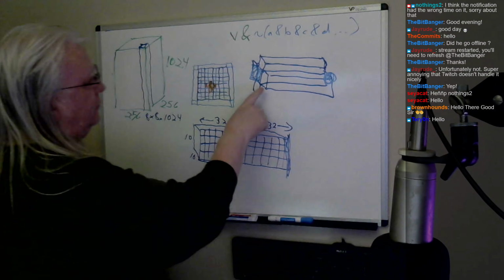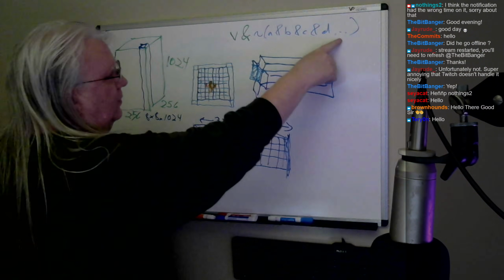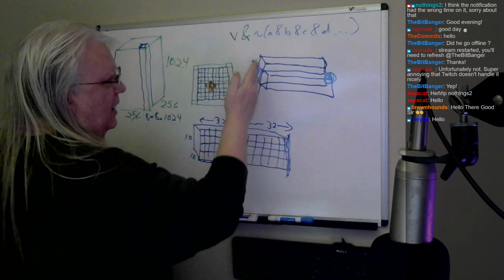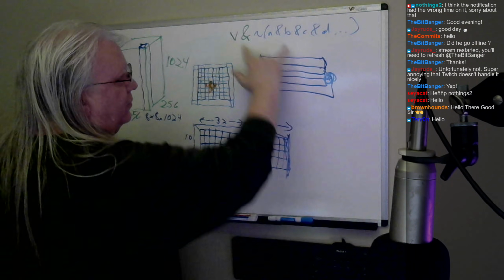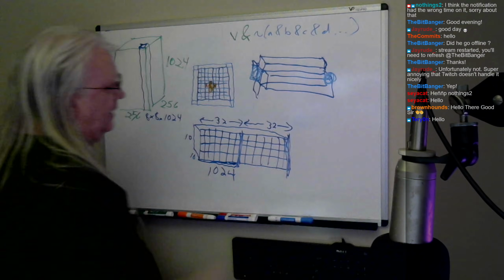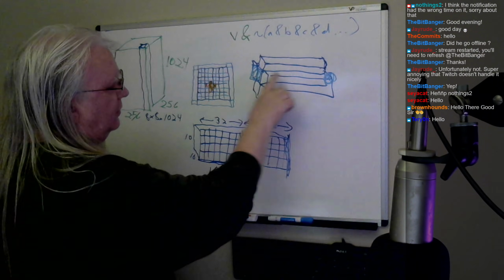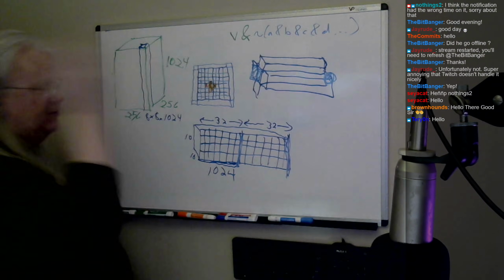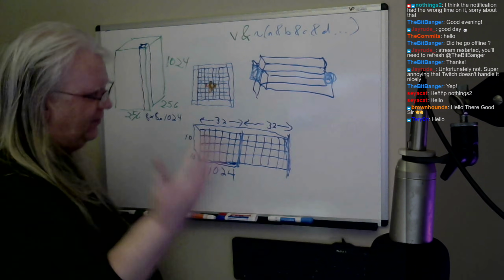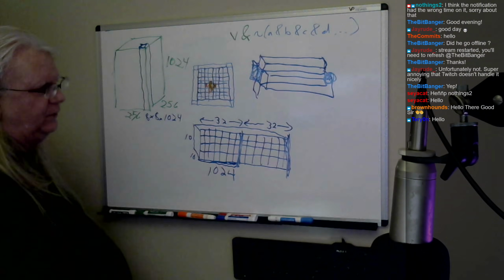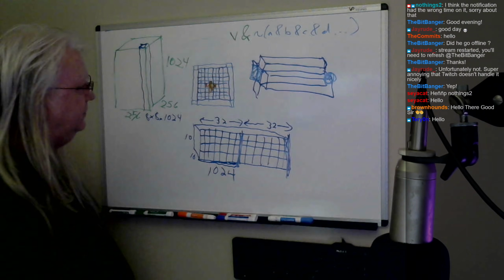So instead of doing this math once per voxel slot, you do it once per 32-bit word. You do this math, and that gives you back a list of which voxels, or a bit array, a 32-bit bit array, of which voxels need to be meshed.